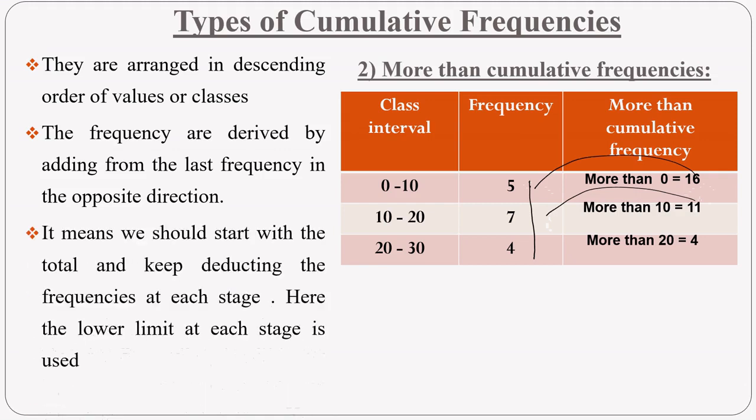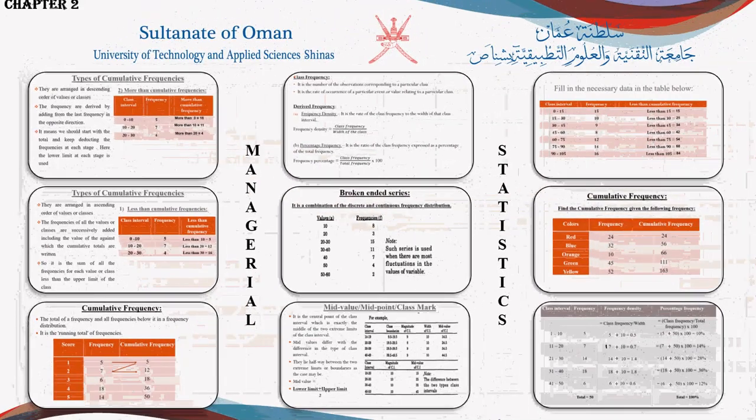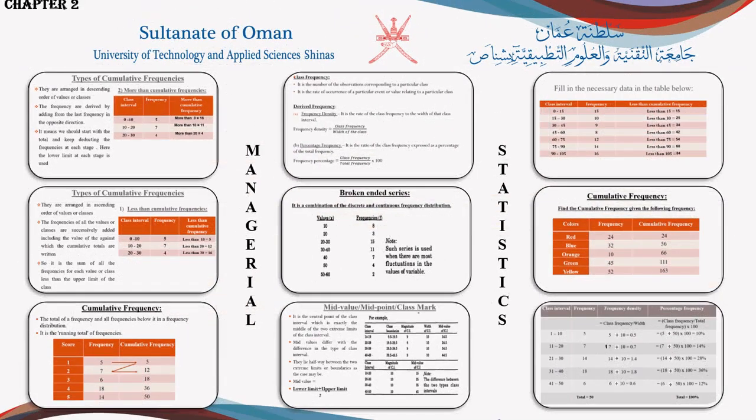So it means we should start with the total and keep deducting the frequencies at each stage. Here the lower limit at each stage is used. So this is how we calculate cumulative frequency method type of problems. So I hope this example is clear with regard to this problem.